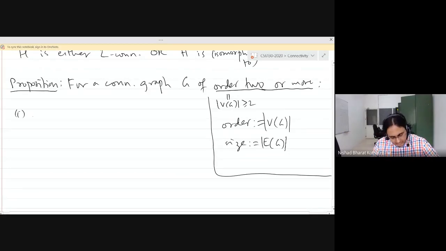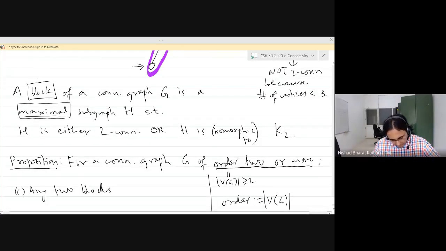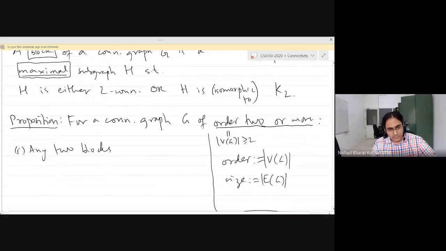The first statement is that any 2 blocks, as defined here, have at most 1 vertex in common.